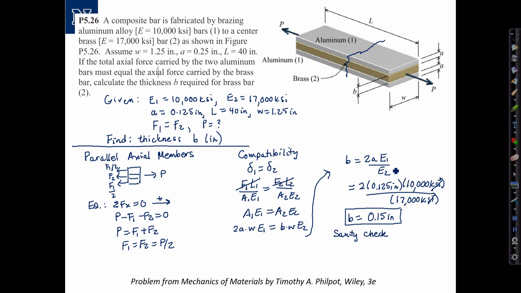However, the aluminum bars are softer than the brass bar, so it makes sense that in order for them to keep the same deflection, the aluminum bars, if they're softer, would have to be a little thicker in order for them to carry the same force. So my reason check is that the thickness B should be less than 2A, so I think the answer looks good.